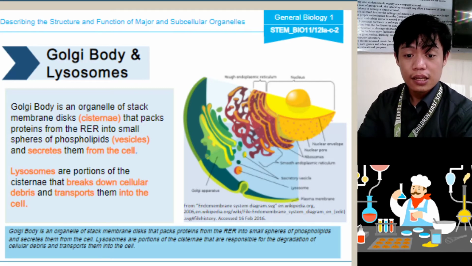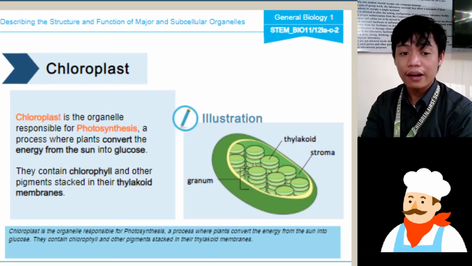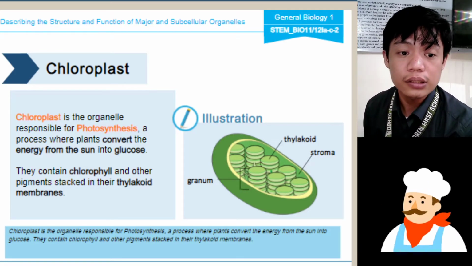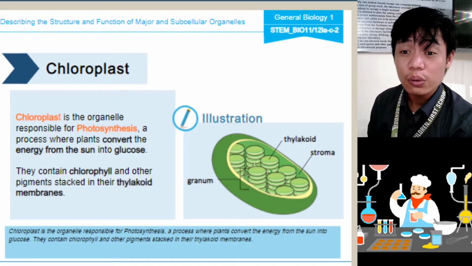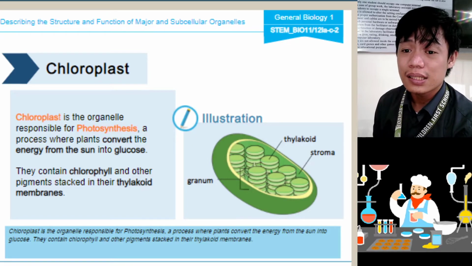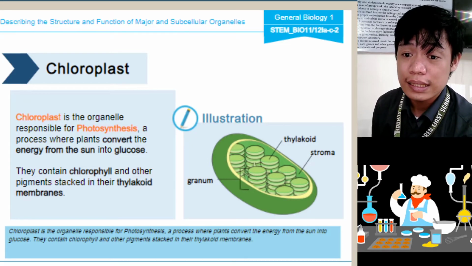So next we have the chloroplast. Chloroplast is the organelle responsible for photosynthesis. Take note, class, that chloroplast is not present in the animal cell.